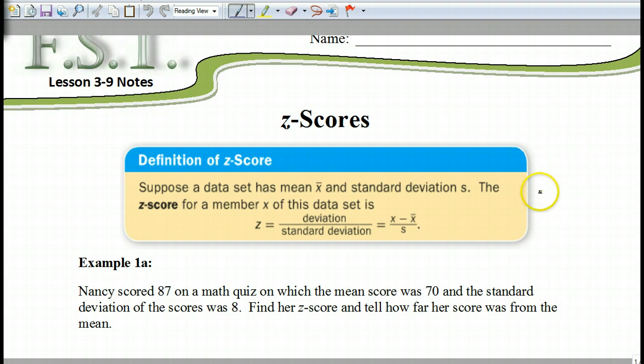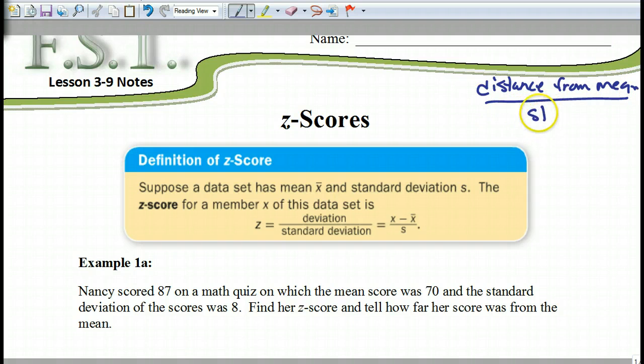They want to know how far away from the mean you are. Okay? It's the distance from the mean divided by the standard deviation. So like a singular deviation divided by the standard deviation.